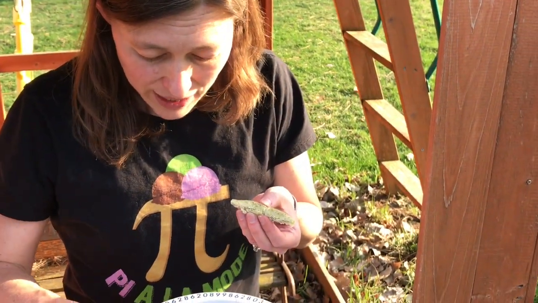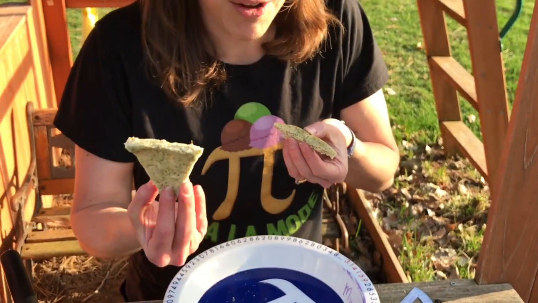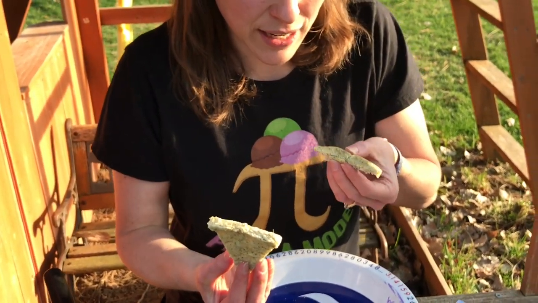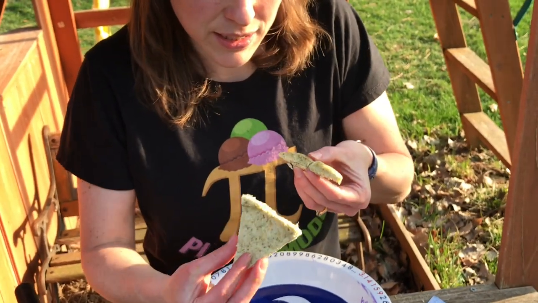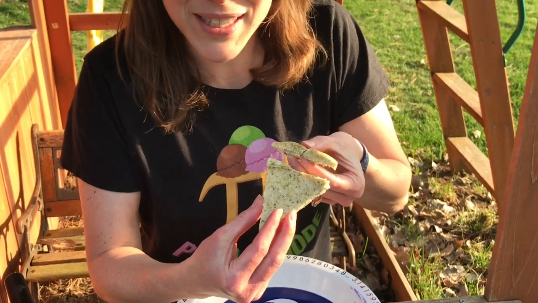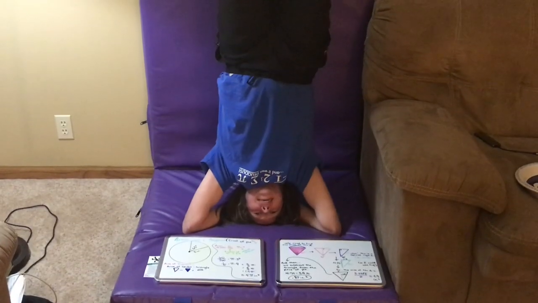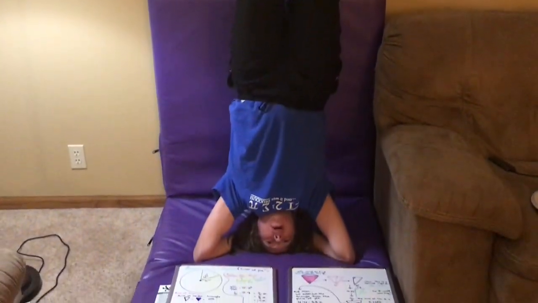Again, this was my piece, and now I'm gonna take off this part. To find the area of a segment, you take the area of the sector and you subtract this triangle.